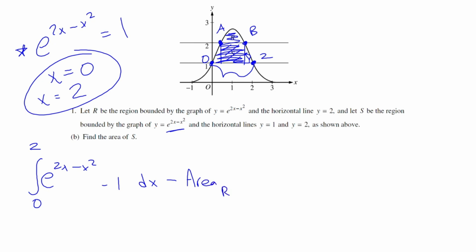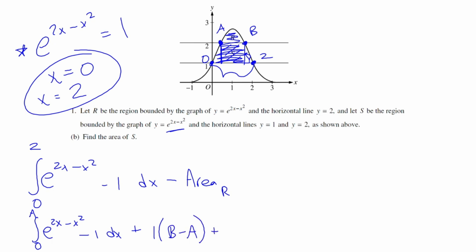The other option would be to integrate from 0 to a of e to the 2x minus x squared minus 1, and then we would add to that the distance between a and b, times 1, so plus 1 times b minus a, because that's going to be just a rectangle there.